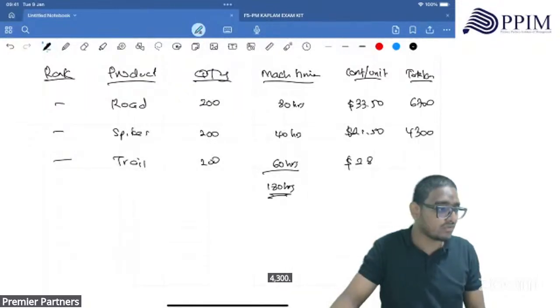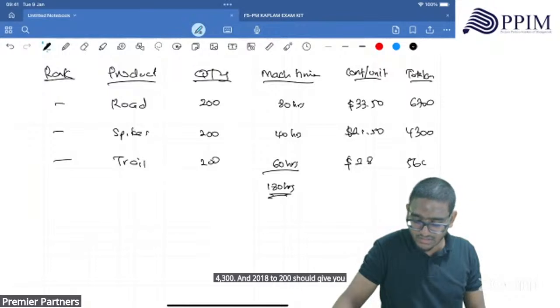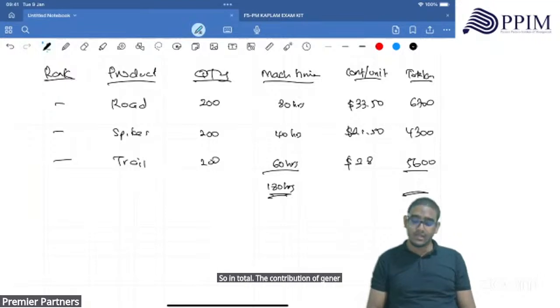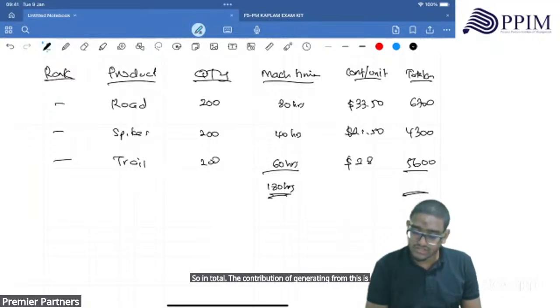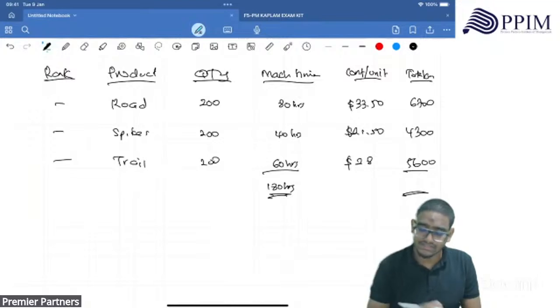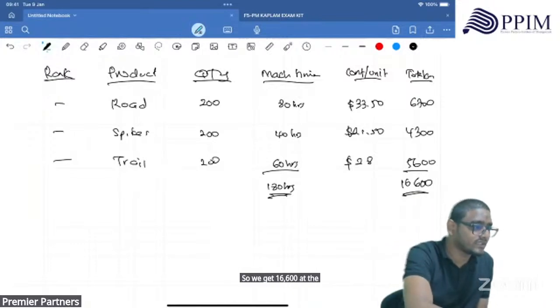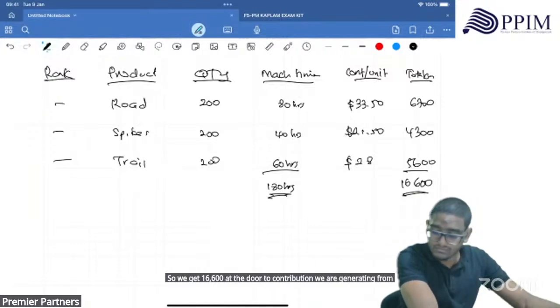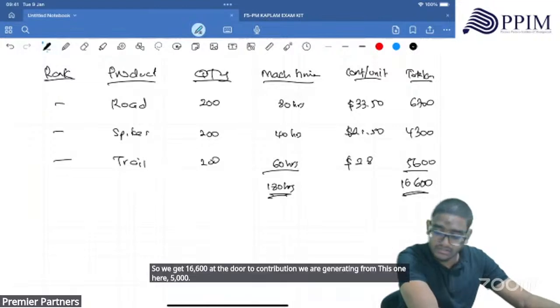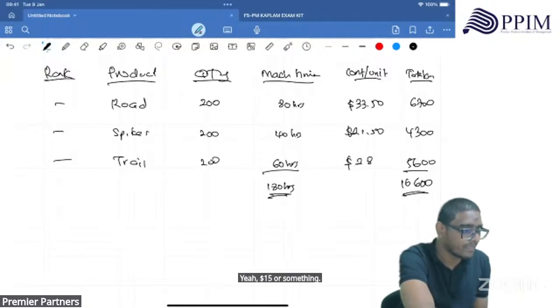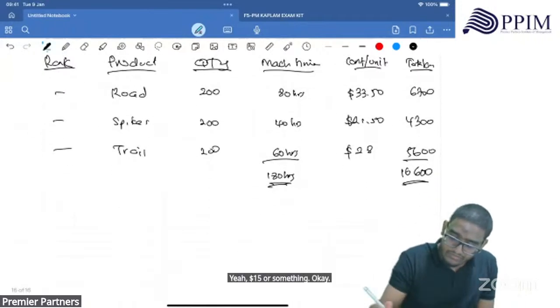And 28 into 200 should give you 5,600. So in total, the contribution from this is 16,600. Yeah, 16,600. Correct.